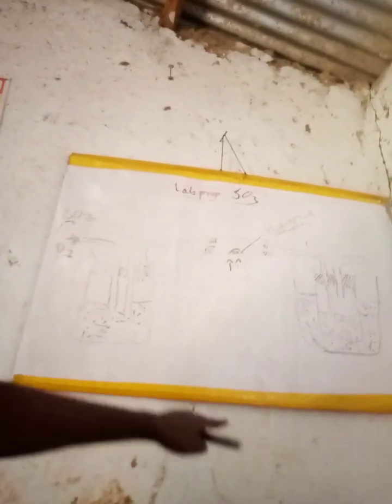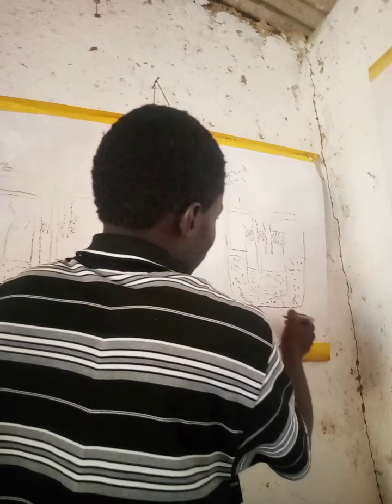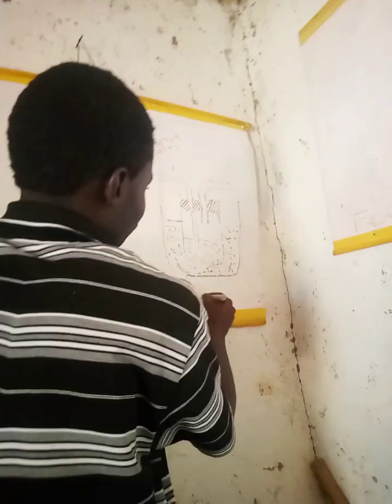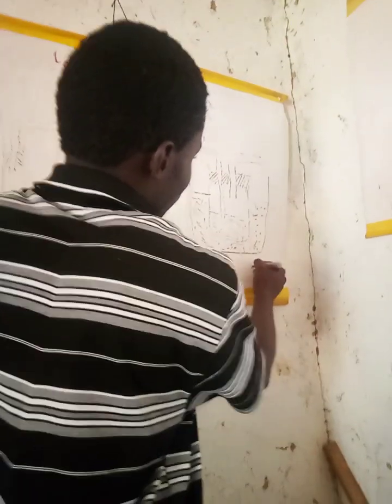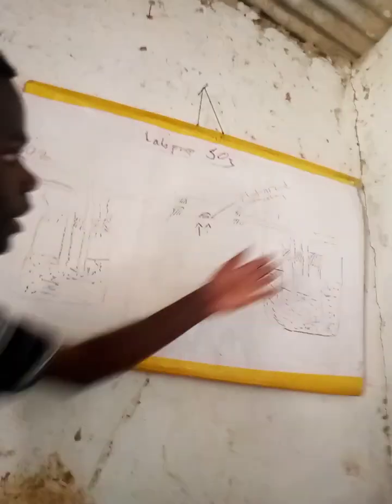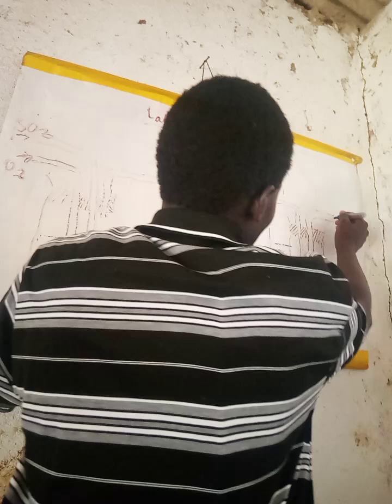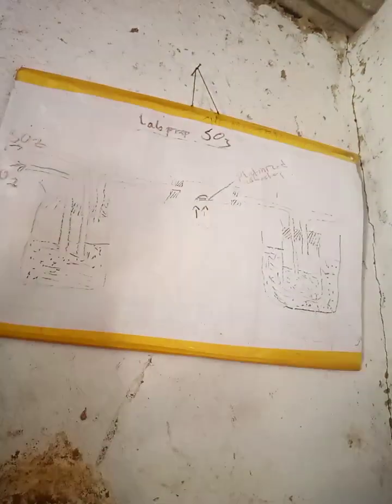Here we have a freezing mixture, and this is where you collect the sulfur 6 oxide. The remaining gases go towards the fume chamber.